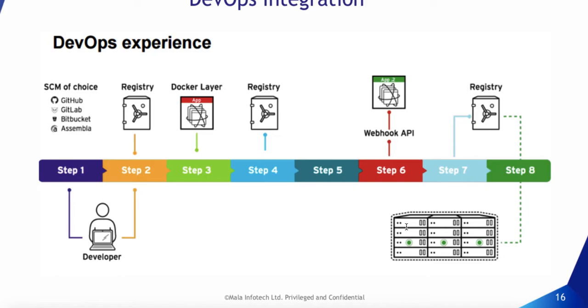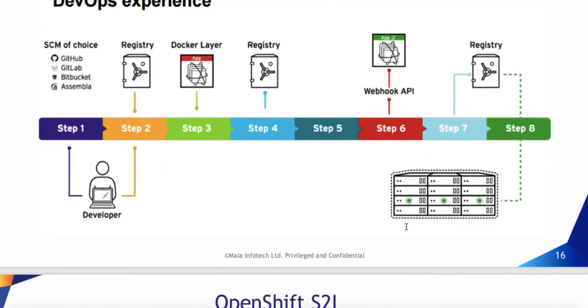Then comes the registry, where we store those things, after the build goes through the Docker layer, where we dockerize and push to the registry. Then the webhook APIs are accomplished, and in the seventh and eighth steps the registry goes to servers and stores the whole application from start to end.